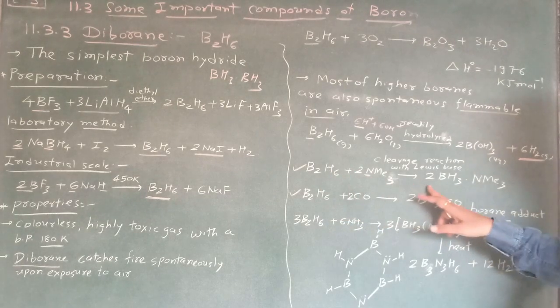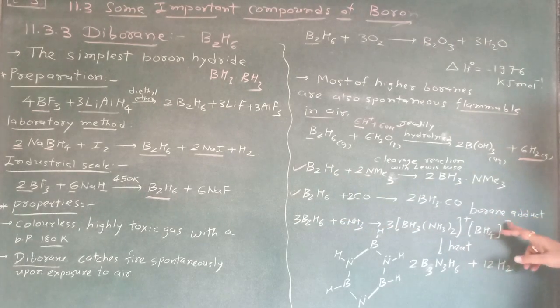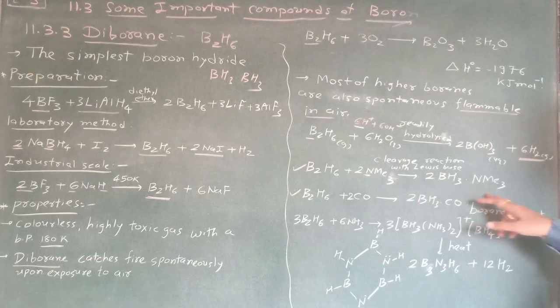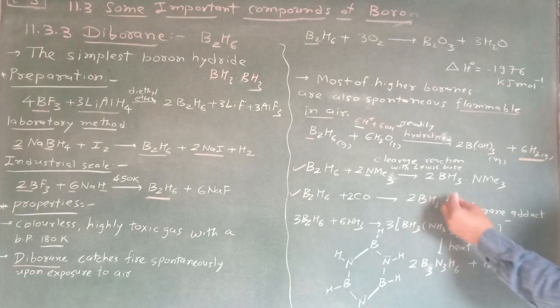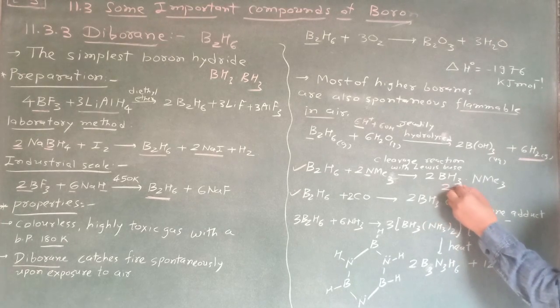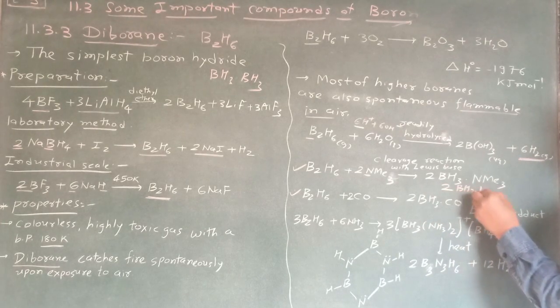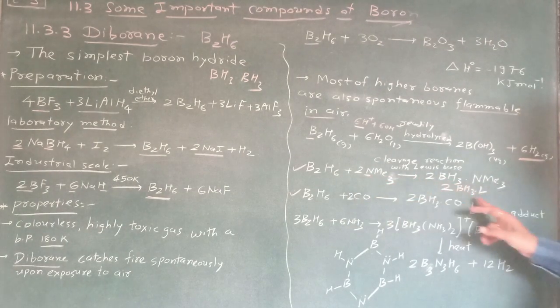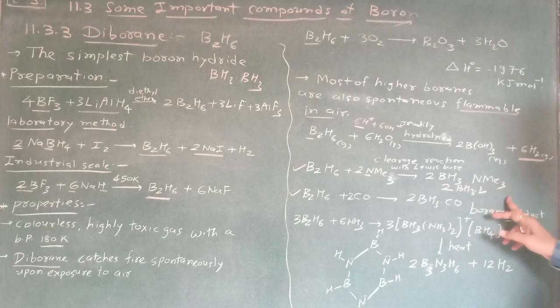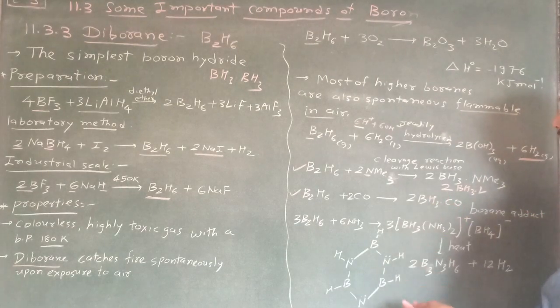This is a Lewis base, and that's why this borane adduct is obtained. Instead of any NMe3 or CO, if we write L, then the product is 2BH3 dot L. L stands for, here, the Lewis base. So remember this and write it completely.